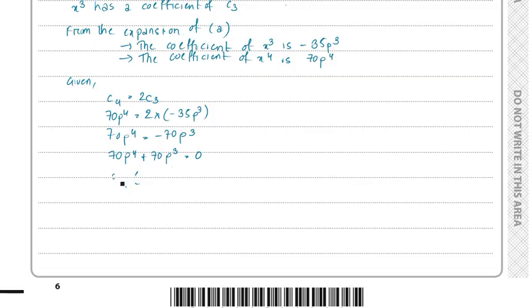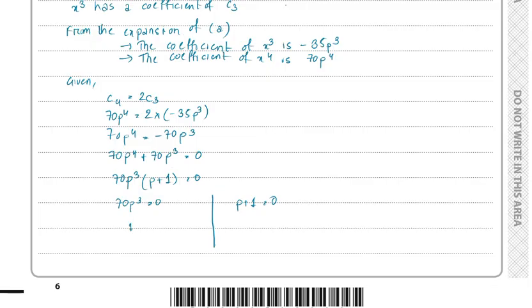If I take 70p cubed common, that would be 70p cubed times (p plus 1). So we'll have two expressions now: 70p cubed equals 0, this is one, and p plus 1 equals 0, this is the other one.